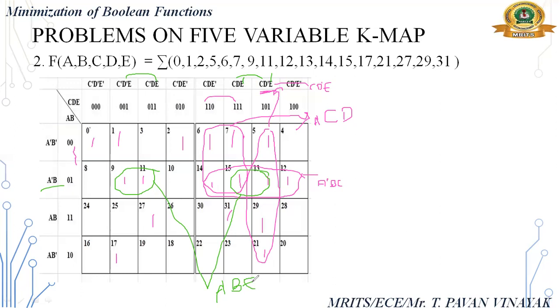Now pairs. You have to select pairs now. How many pairs? You can take this one as one pair. Okay, these two as one pair.